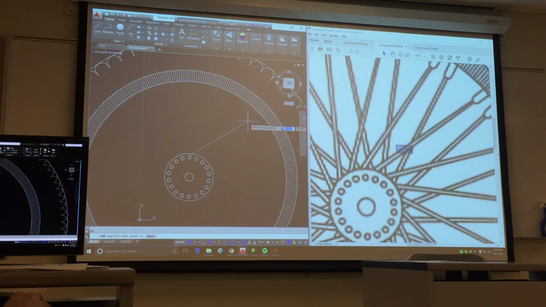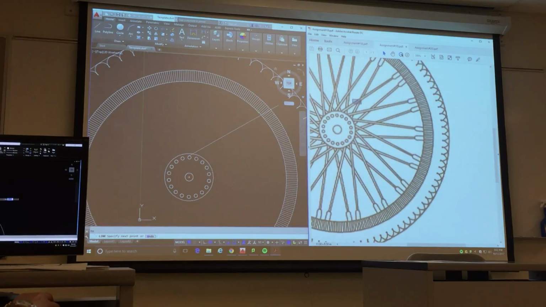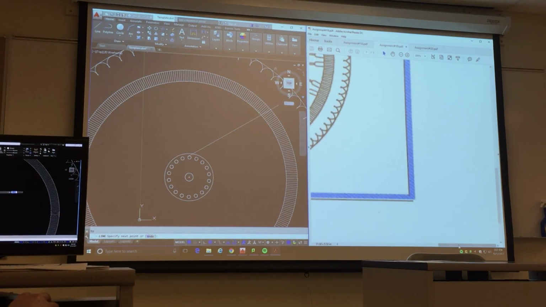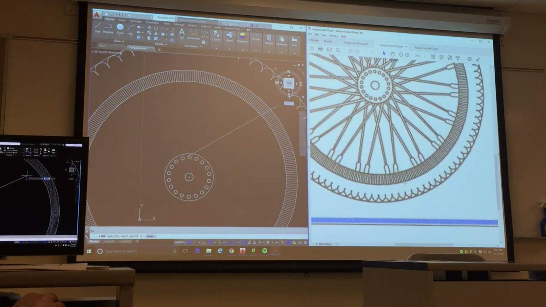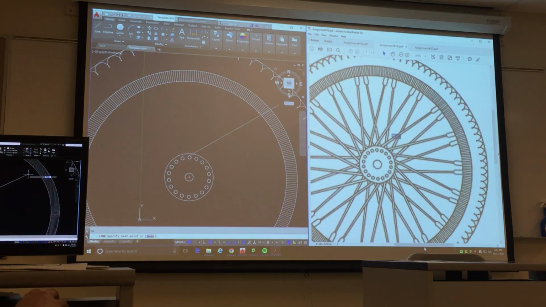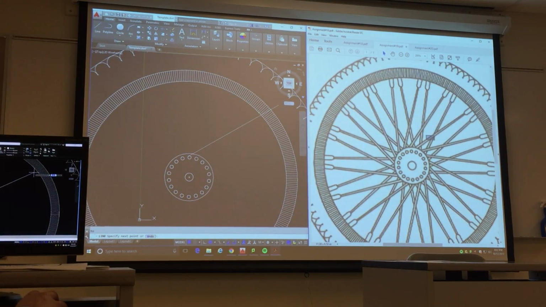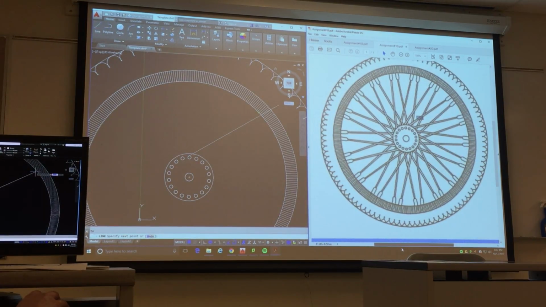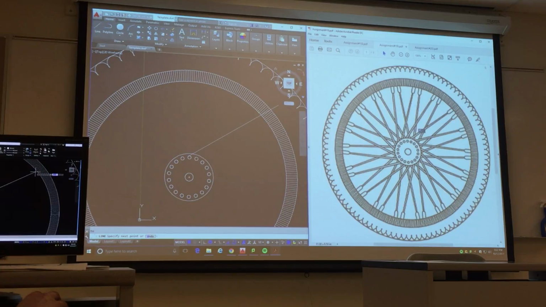And then as I pull it out, I'm going to have to interpret about where that thing falls. So if I'm looking at this, I know it's probably a 30-degree-ish angle.